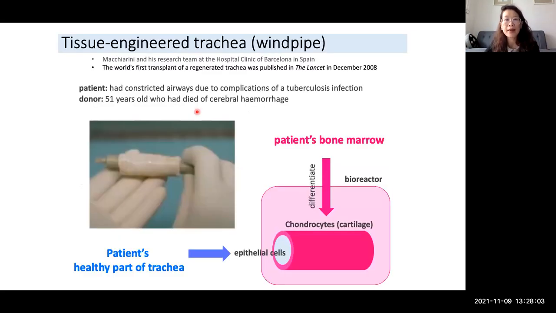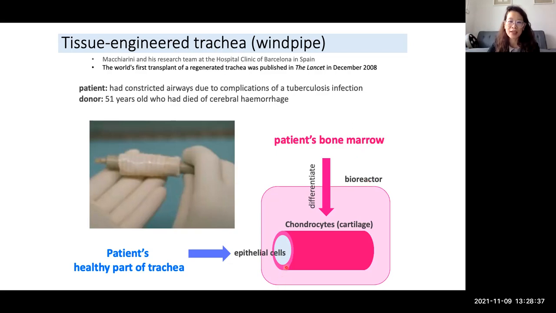Yeah, so when you take a look at these pictures again, this is the primary cell, I would say, here. So the healthy part of the trachea. Yeah, but for the right side, it's taken from the patient's cell, but it's called adult stem cell because in the bone marrow, the red part in your bone, there's a lot of blood and stem cells, so they call this adult stem cells. And we will talk about that in the second sort of the cells.